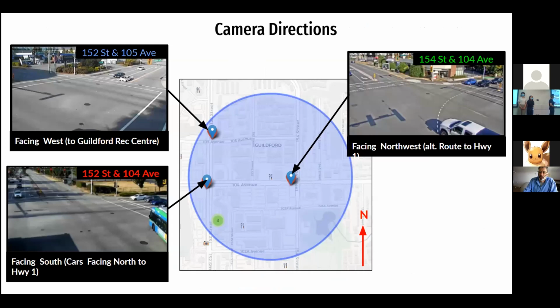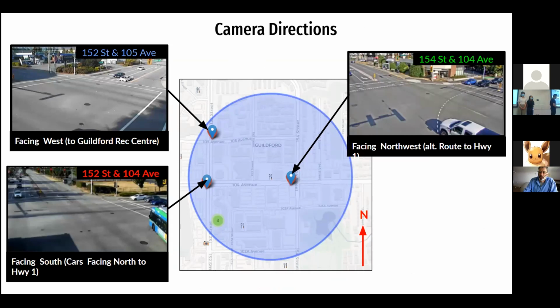The reason why the blue intersection, 105, is not picking up as many counts as it's supposed to is because it's facing west to a recreation center, while at 152 and 104 the camera is facing south, which means you're picking up cars facing north, and those cars may or may not be going on Highway 1.